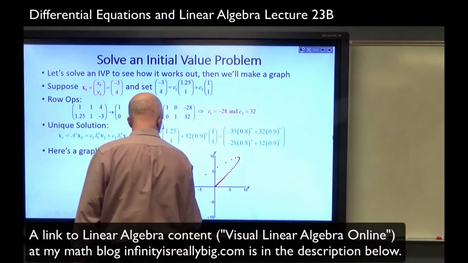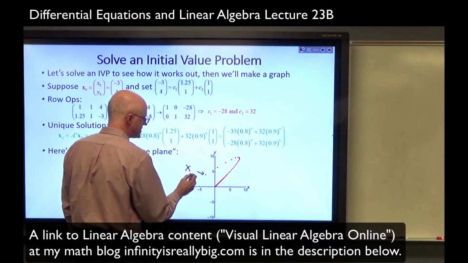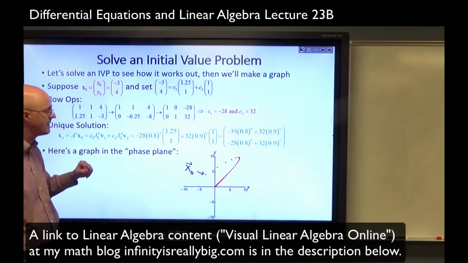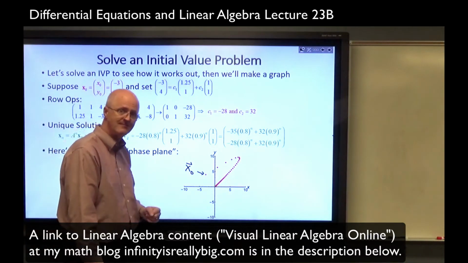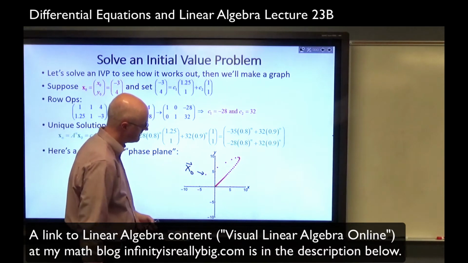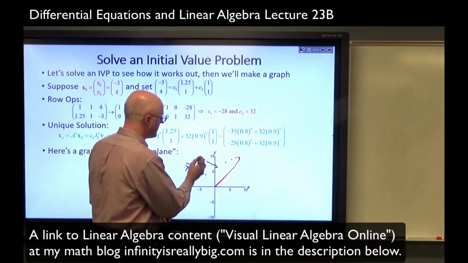In this picture, that point right there is the initial condition, x0, -3, 4 as a point. Of course, it's also got a position vector that I can draw from the origin to that point. x1 is that point right there.